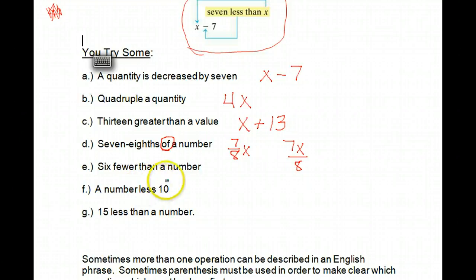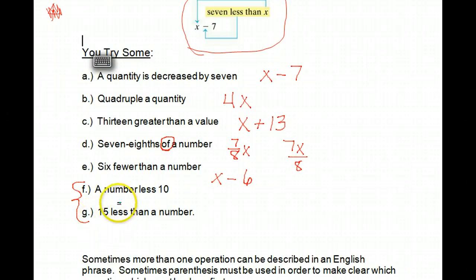6 fewer than a number indicates subtraction. So we start with our number and then we will subtract by 6. Now, letter F and G are two very commonly confused and mixed up subtraction problems.